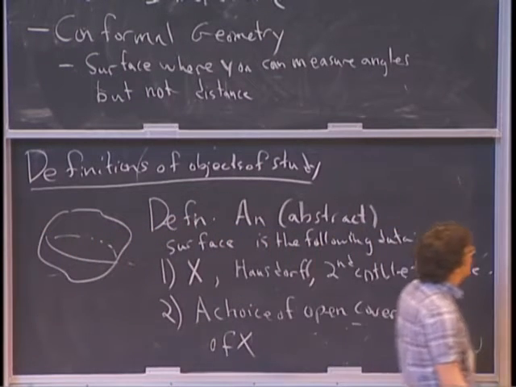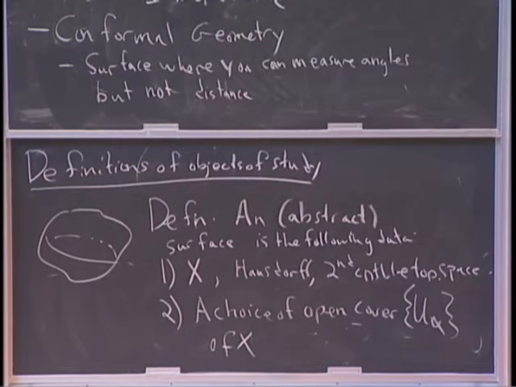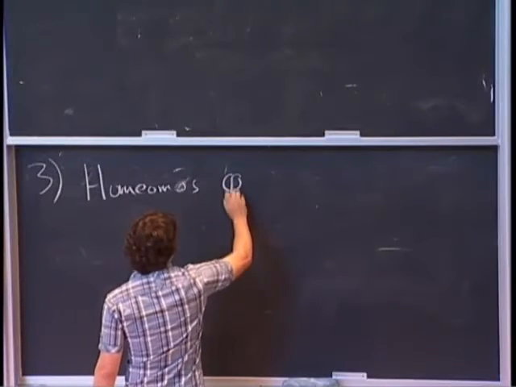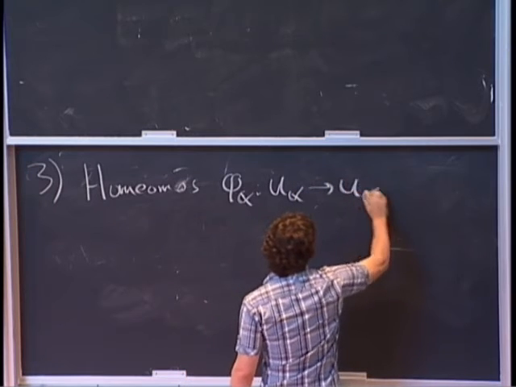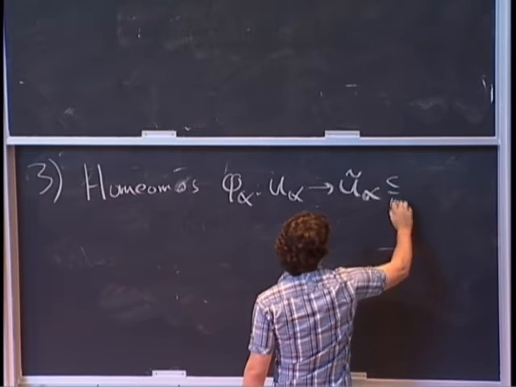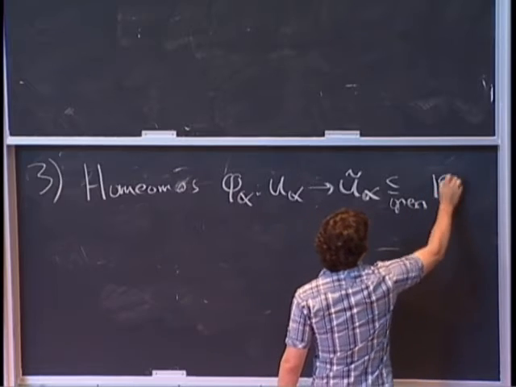The kicker will be this third condition, which is what's known as an atlas. So we're going to have homeomorphisms phi alpha that take the U alpha to sets U alpha tilde that are open in R2.